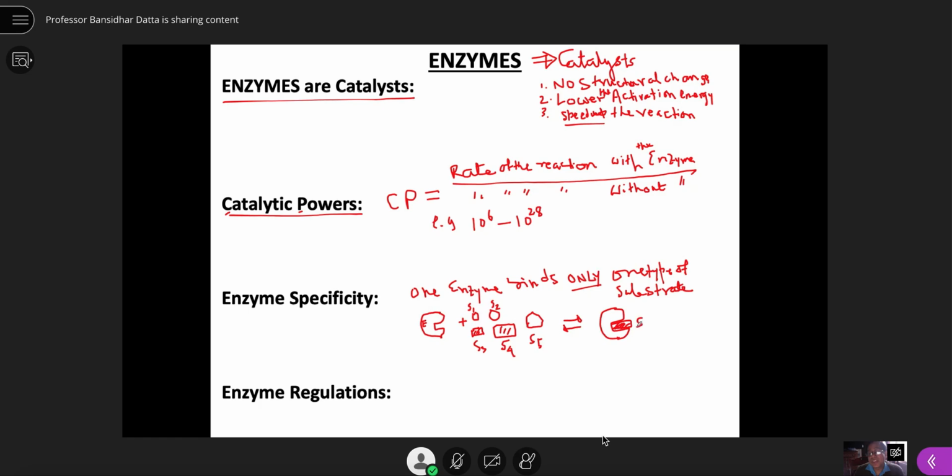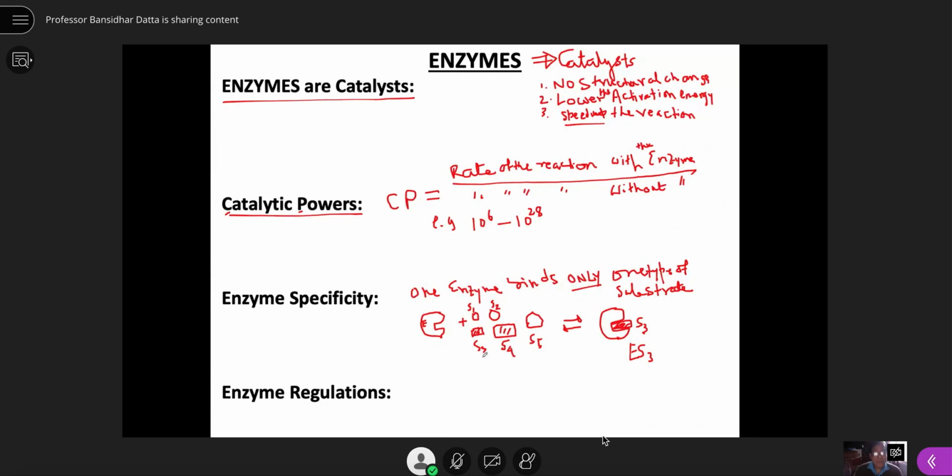And therefore, it will make an ES3 complex. This enzyme will never bind to S1, S2, S4, S5 because they will not fit into the substrate binding pocket. This is called specificity. One enzyme binds only one type of substrate and that's it.